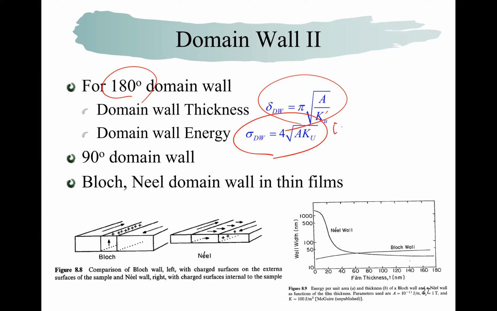As I said, this is the joule per meter square unit. And also, you can obtain this result by considering dimensional analysis. As you already said, all the important energy terms involved in this domain wall are the exchange energy and the anisotropy energy. The exchange stiffness unit is joule per meter, and the anisotropy energy density has a unit of joule divided by meter cube.